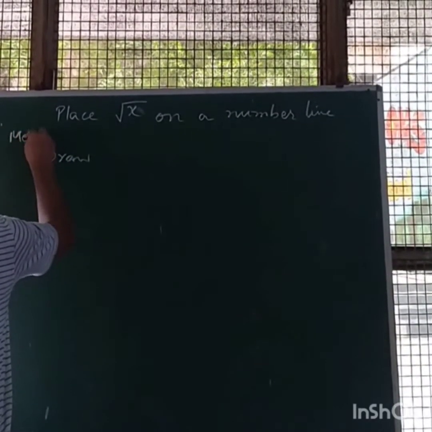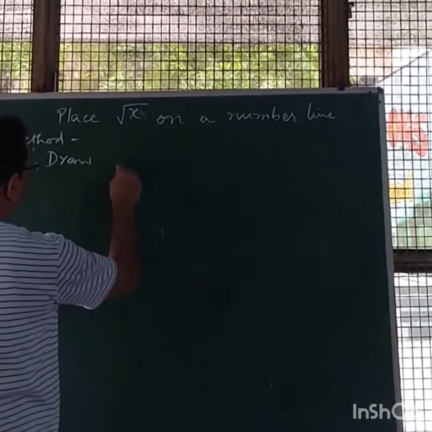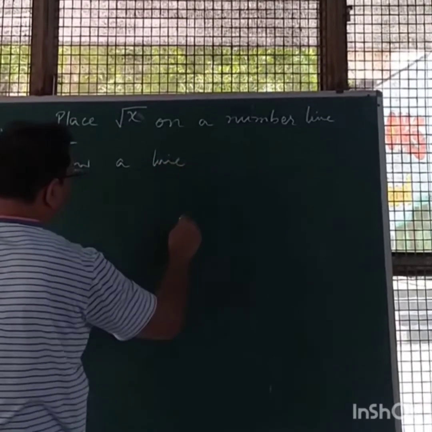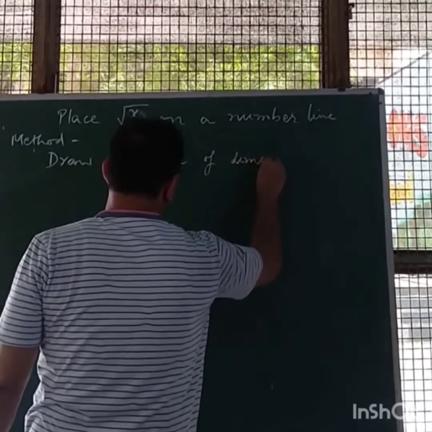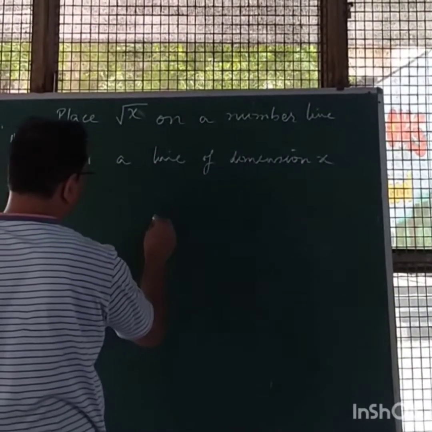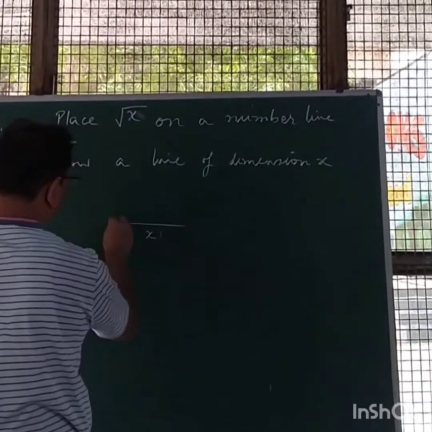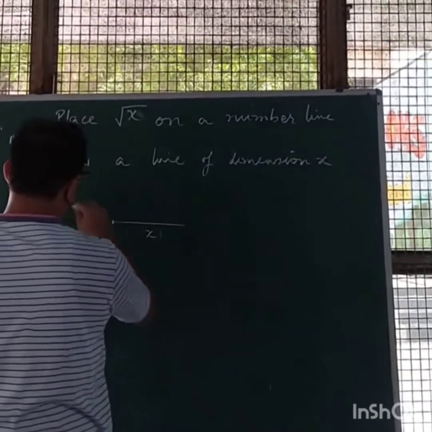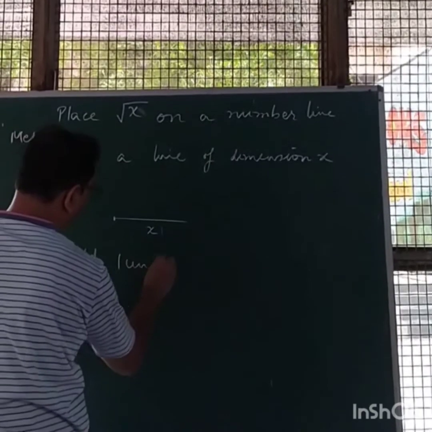Method: draw a line of dimension x. Take a line x from here. Add 1 unit to it.